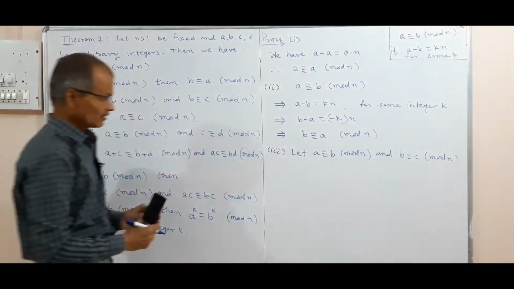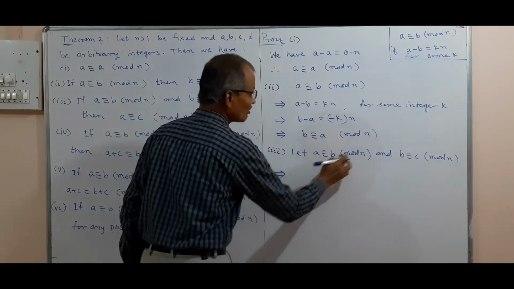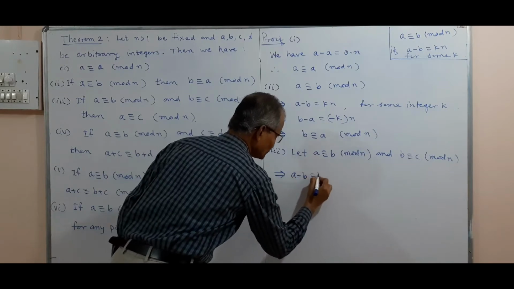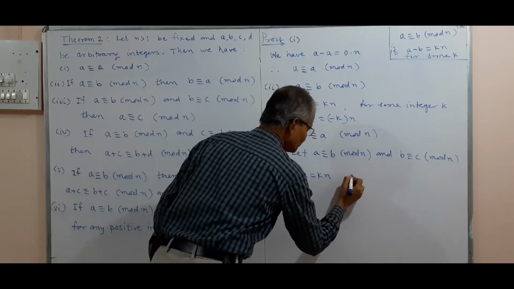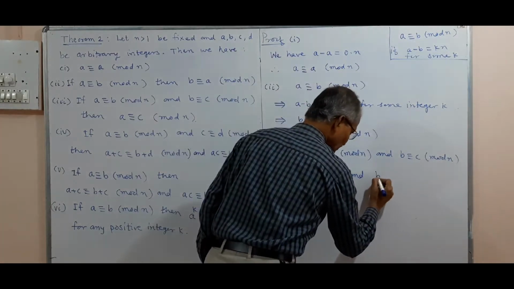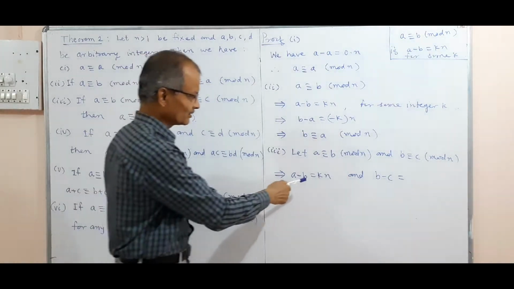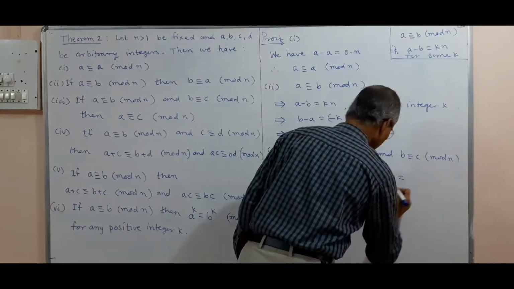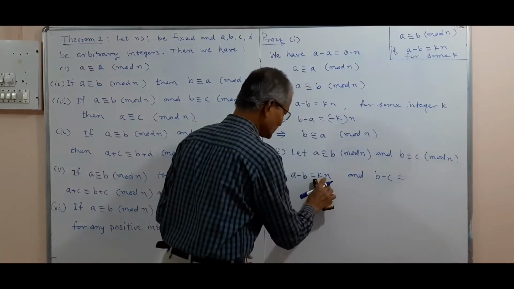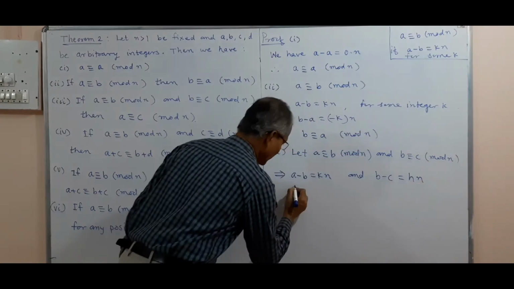Since a is congruent to b mod n, a minus b is equal to kn, and b is congruent to c, with the same definition, b minus c is equal to hn, for some integers k and h.